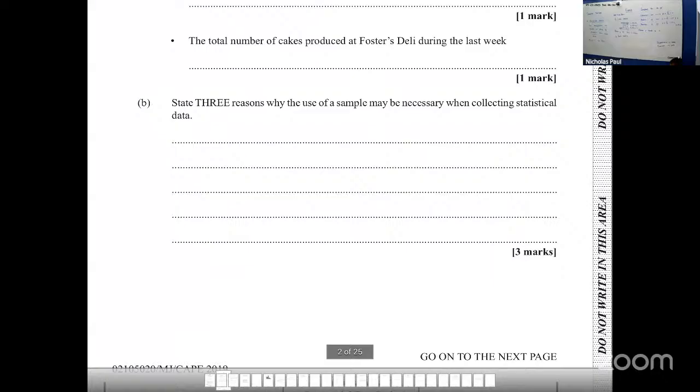Always think time and money: cheaper, less time, and represent the population. What else? Less data, so the computations are a little bit simpler. Anything else?